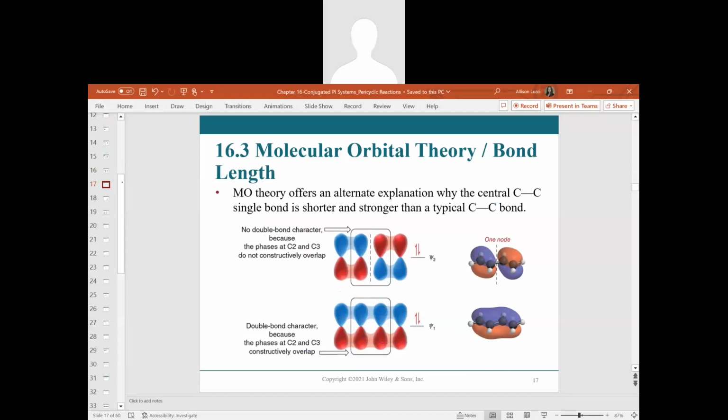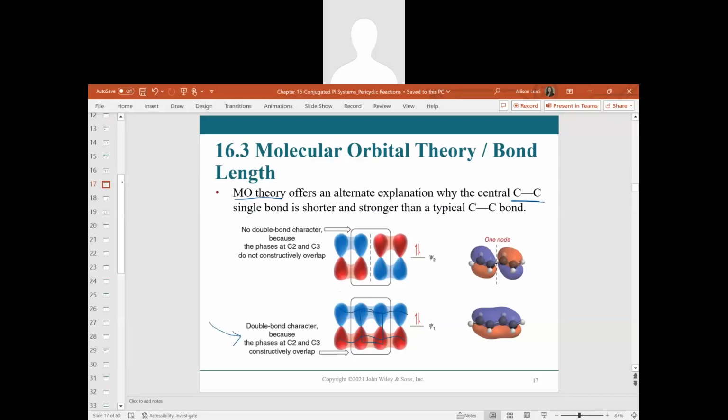So the length of the central carbon-carbon bond in our butadiene, we might have seen an explanation using atomic orbital theory and hybridization in an earlier section, but now molecular orbital theory can offer us a different explanation, in the sense that since these phases constructively overlap at carbon 2 and 3 here, so in the middle, this actually displays a double bond character because of that overlap seen.